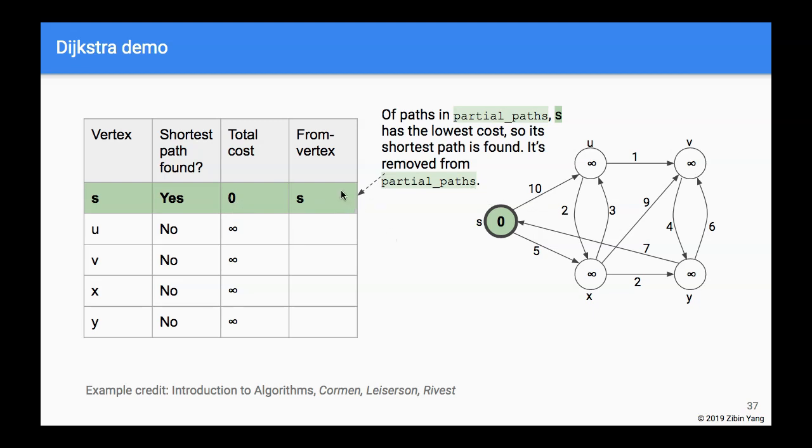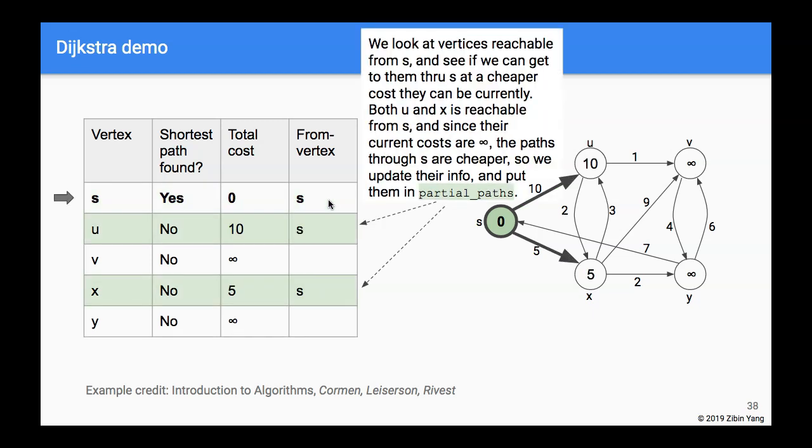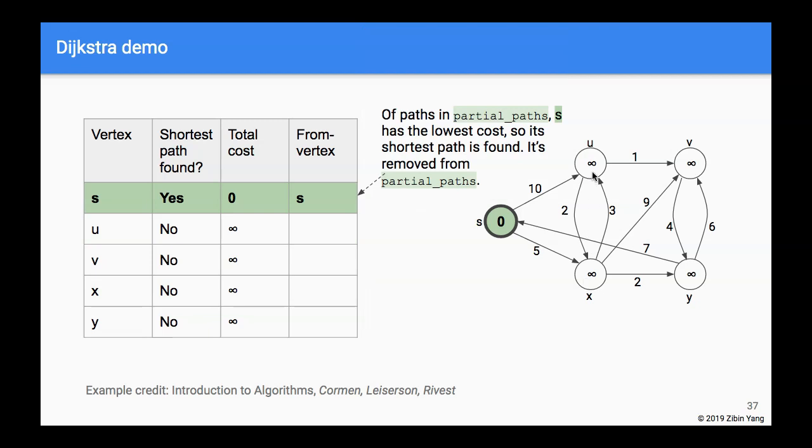And the next thing we do is that for this vertex, we look at all the outgoing edges from it, right? And see if any of these destination vertices, going to them through this vertex has a lower cost than its existing path. For U and X, previously the cost is infinity, because we don't know any path to them just yet.